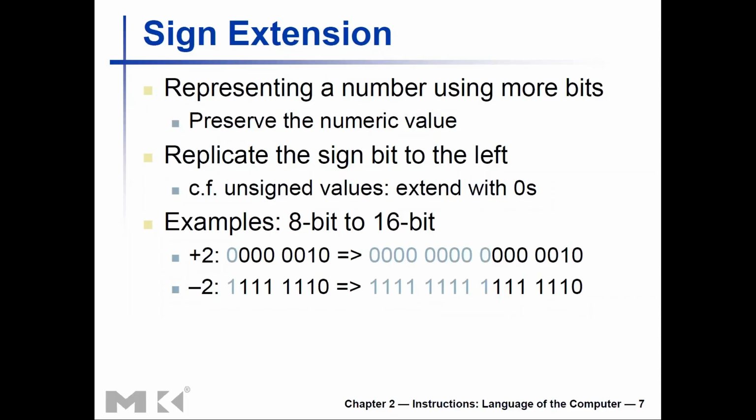Like you might already know, you can represent a number like 4 with 4 bits. You can represent the same number with 8 bits, with 16 bits, 32 bits. You know that.